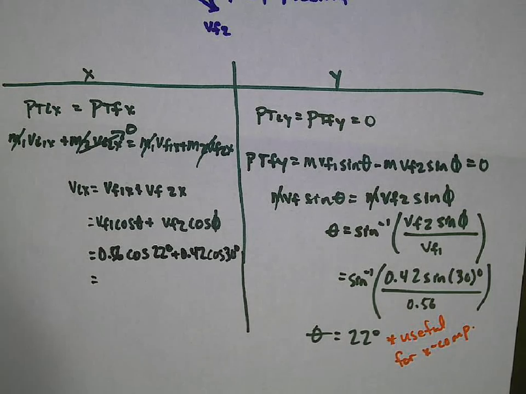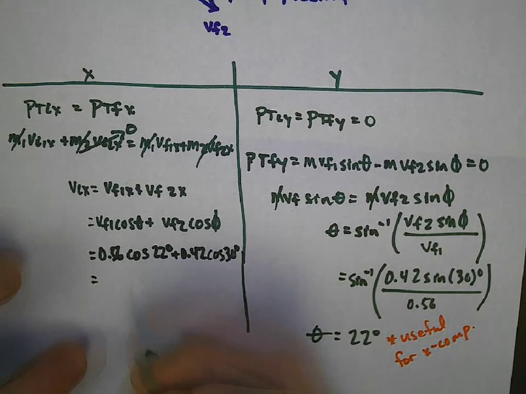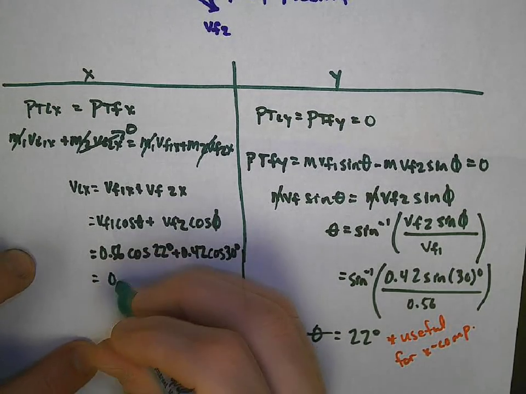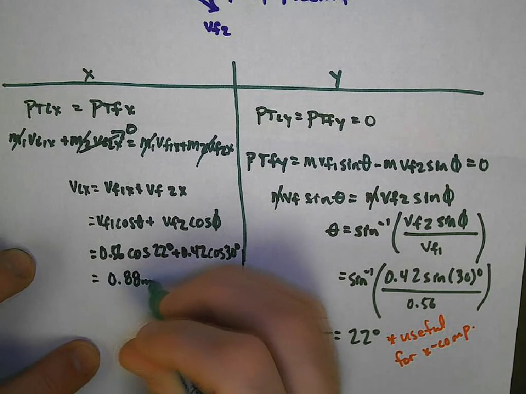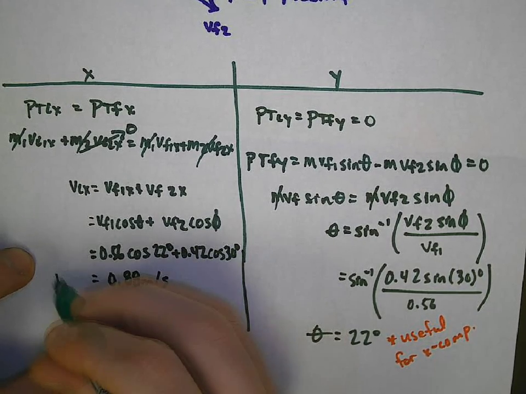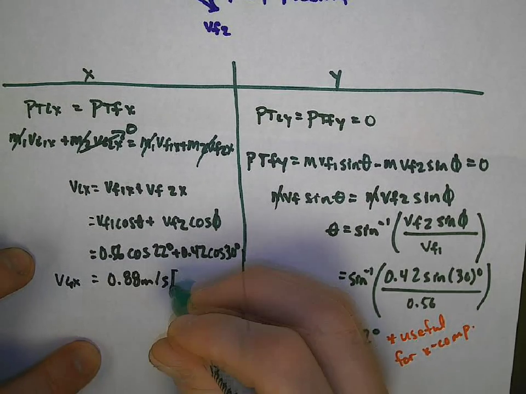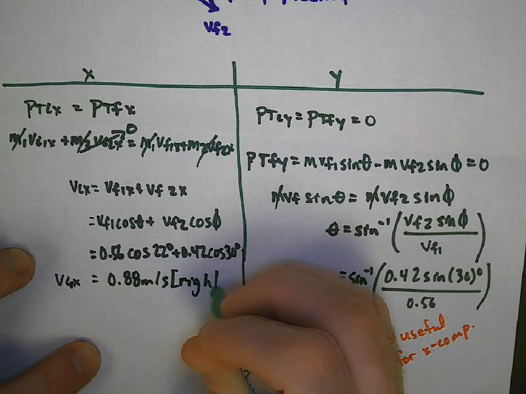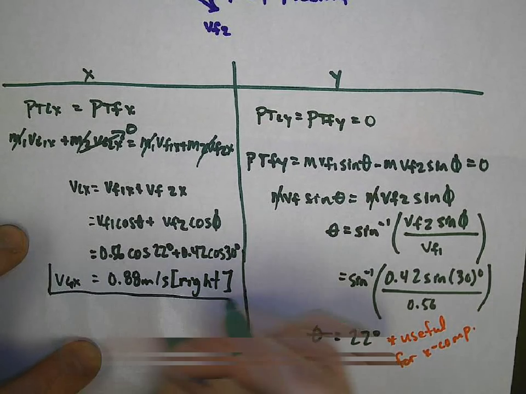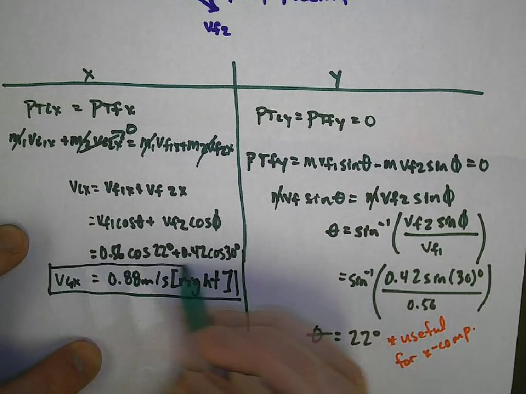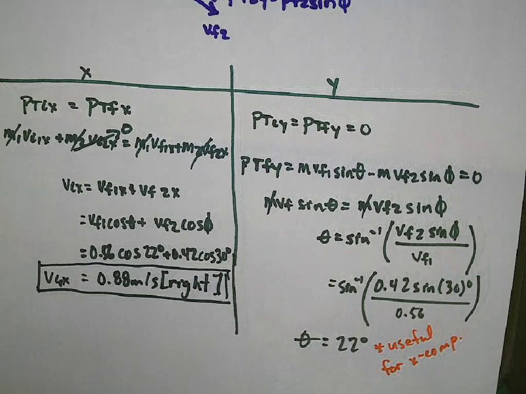And calculating that, we get that the initial speed or velocity of the stone was 0.88 meters per second, and that will be in the right direction. And I'm hoping that you were able to follow, for the most part, what just happened in this question.